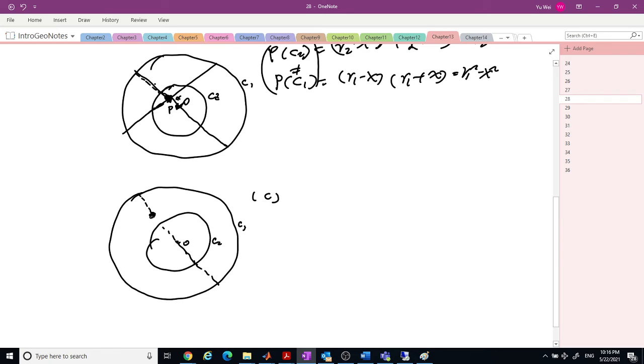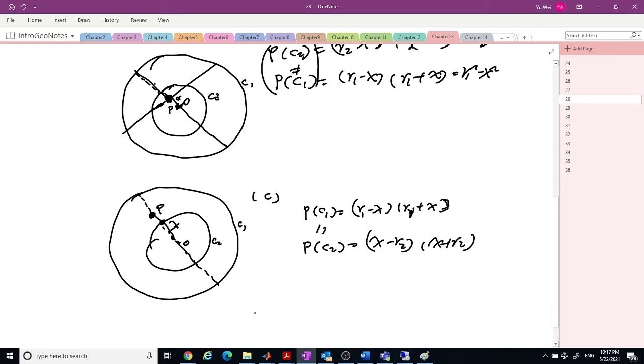So let's see the power of P. Let OP be X. The power of P to C1 is R1 minus X times R1 plus X. The power of P to C2 is X minus R2 times X plus R2.